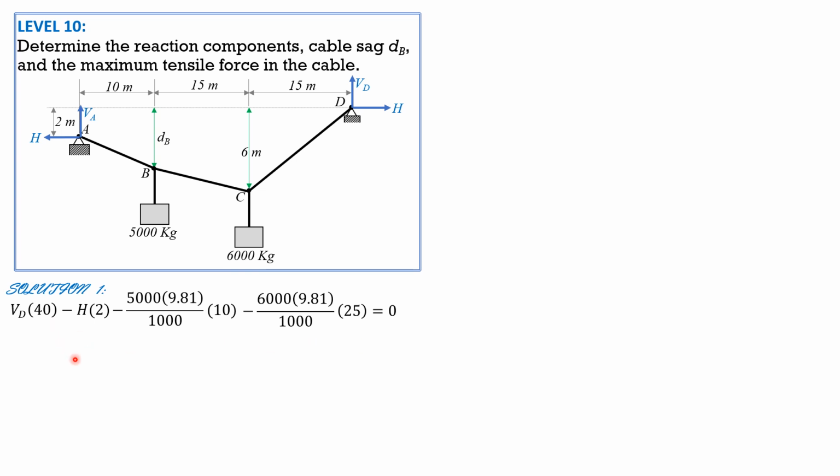So formulating the first equation, 40 V sub D minus 2H equals 1962. Call that equation 1.